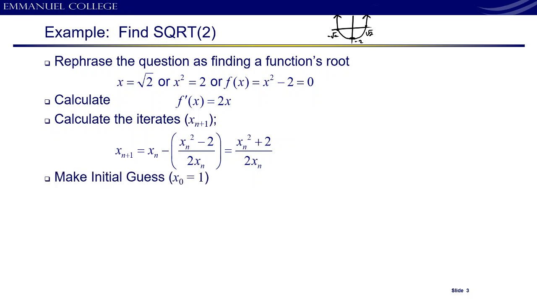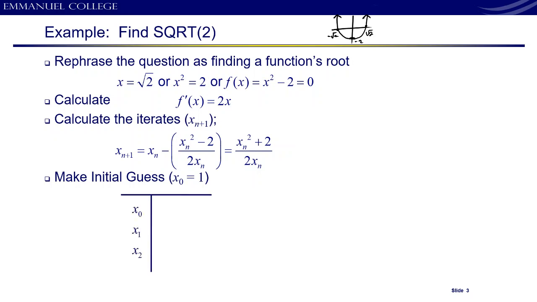Now, this is the part where you want to be careful. Where you make your initial guess on some functions won't matter too much because it's going to eventually work its way to the root that you're after. Some functions where you make your initial guess are going to be extremely either helpful or detrimental to the actual function itself.